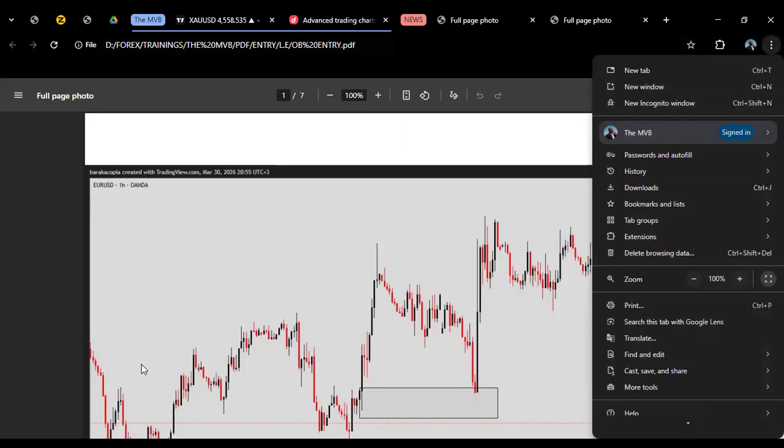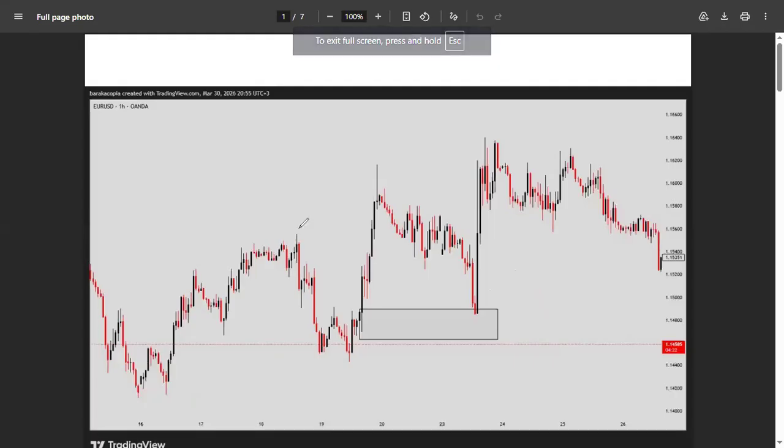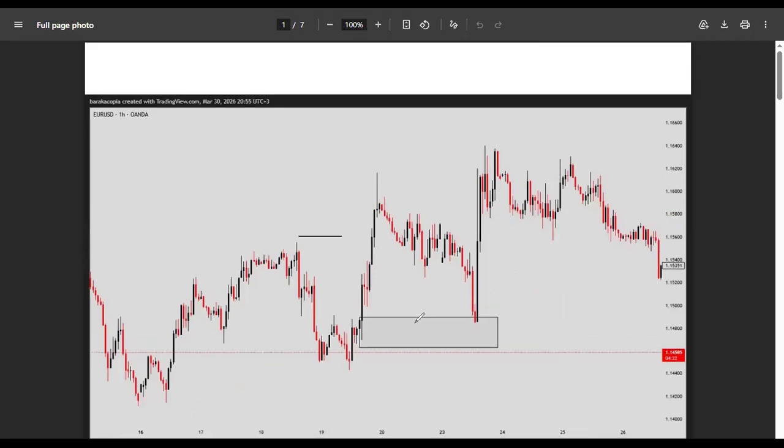You see, we had a break of structure here, right? That's a major break. But inside here, we had a lot of candles which produce a fair value gap. We had this one, this one here, and this one here. Which one has a high probability of being activated? The middle one. Why?